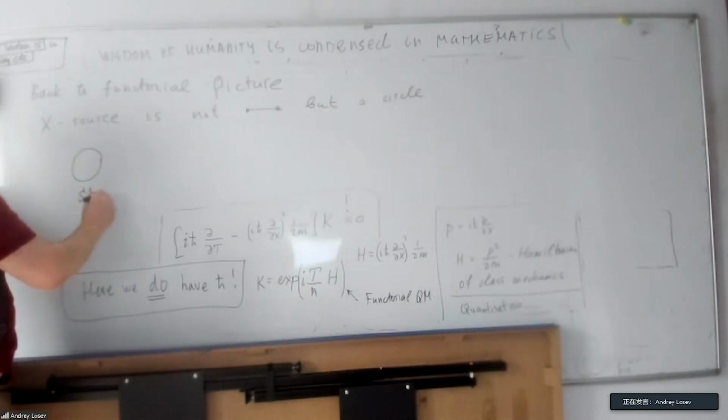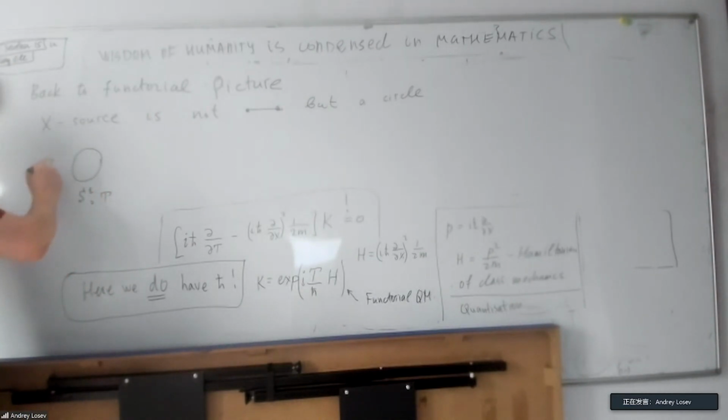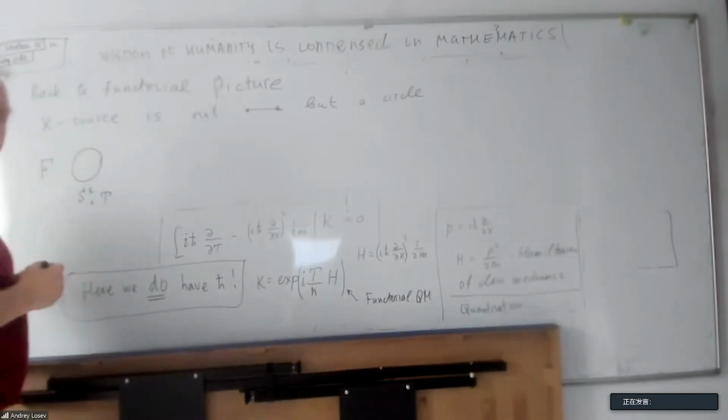A circle has a length t, but it has no boundary.